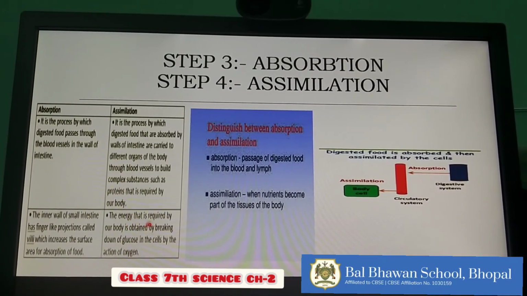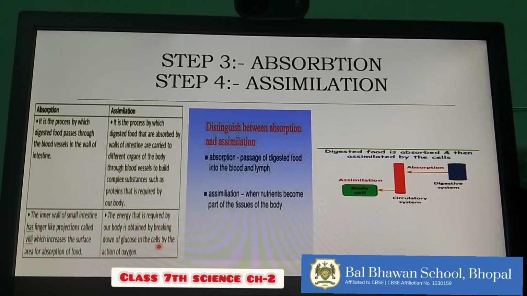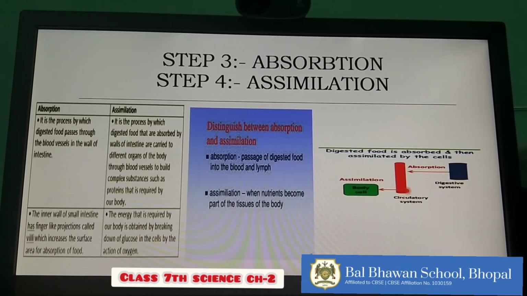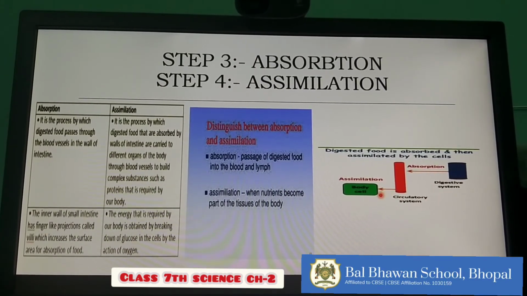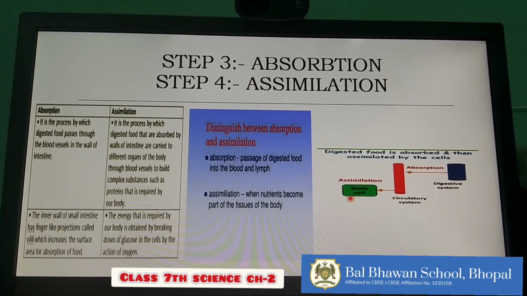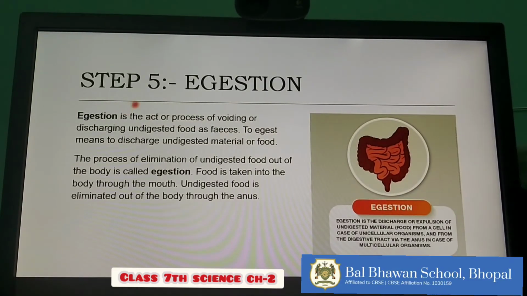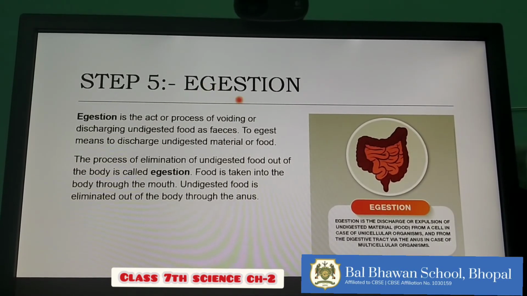The energy that is required by our body is obtained by breaking down of glucose in the cells by the action of oxygen. So from the circulatory system, the digested food is then used up by the body, and that step is called assimilation.